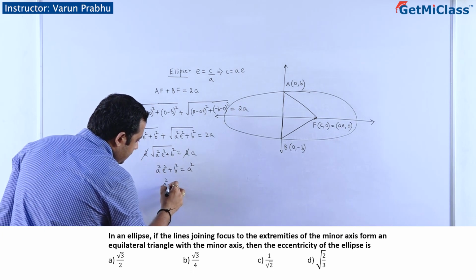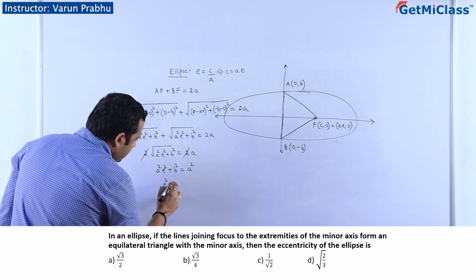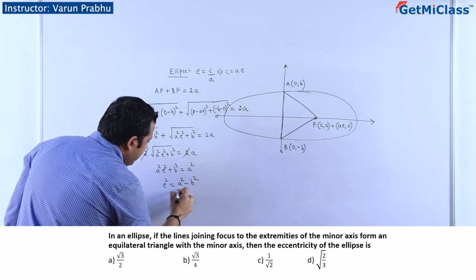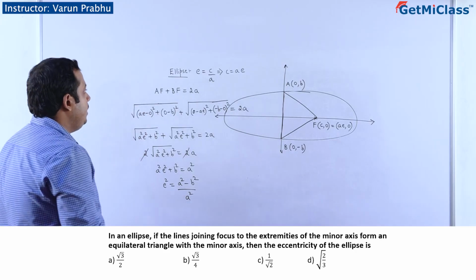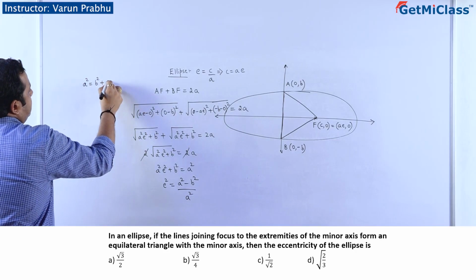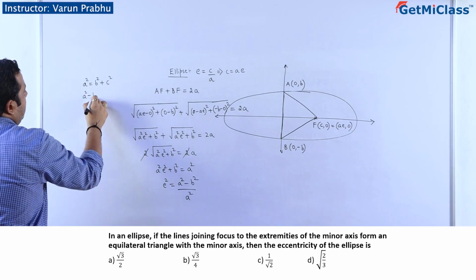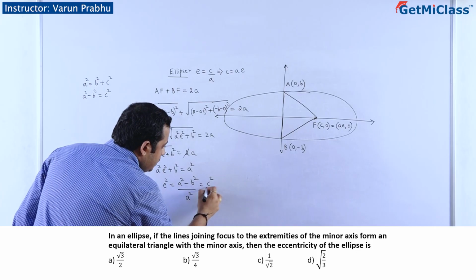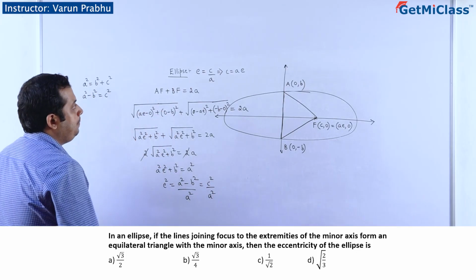So E square is equal to A square minus B square divided by A square. In the ellipse, A square is equal to B square plus C square, so A square minus B square is equal to C square. From here I can write this as C square divided by A square, correct?